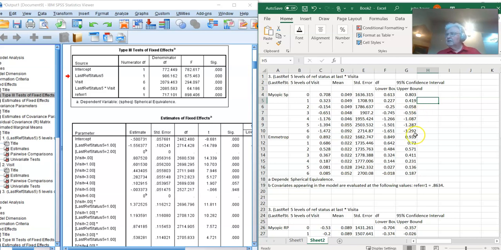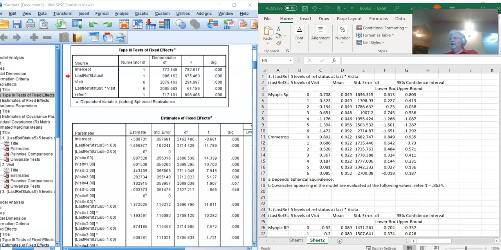Actually, let's do this guy, which is the peripheral refractive error. Compare the, well, maybe not. That's the myope, because I'm asking the difference between those two.